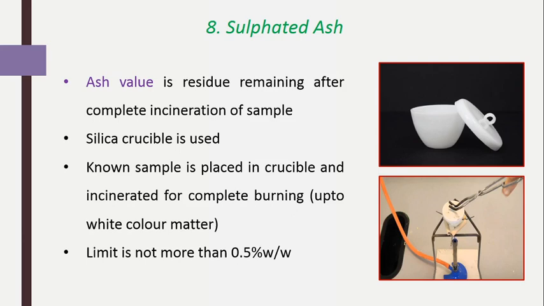So these are the 8 tests done for checking the quality of absorbent cotton. First we have seen the identification test, which is done using the microscope, where a single fiber is examined. After that we have seen the chemical tests. Two types of chemical tests are done with the absorbent cotton: treatment with iodinated zinc chloride solution and treatment with zinc chloride solution.